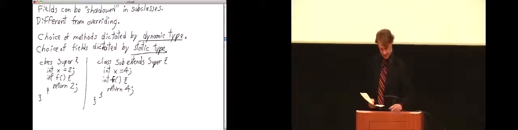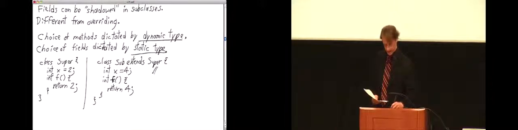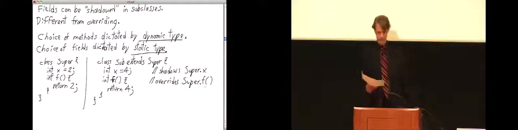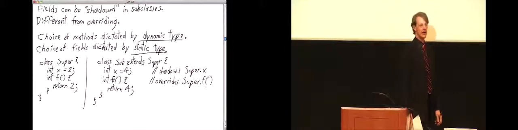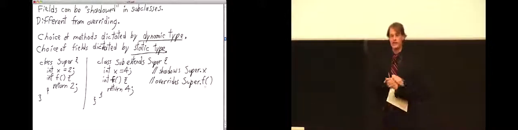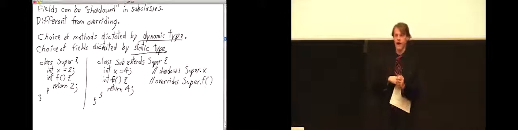And in the subclass, we have a field called X, which shadows the field called X in the superclass. And we've got a method called F that overrides the method called F in the superclass. So what's going to happen now is that any object of the subclass actually contains two different fields called X, which is very confusing. But they're really both there.